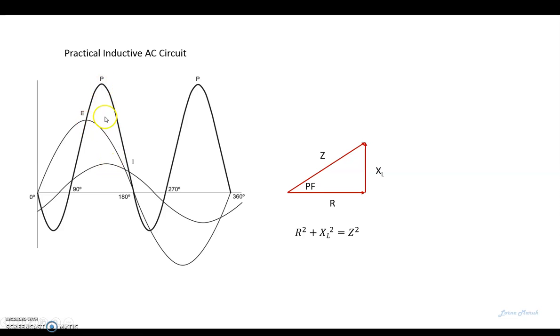Voltage times amperage gives us watts, and it's not out of phase by 90 degrees, it's out of phase by a value that we can find by doing the cos, or the inverse cos of the angle. We can solve for the different sides of the triangle using Pythagorean theorem, or trig if needed.